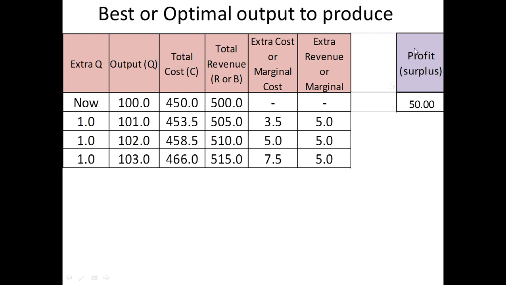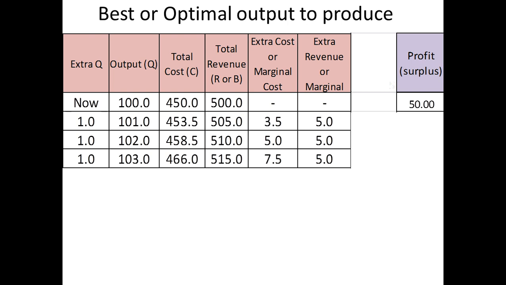If you want to find profit, how to find profit? Who knows how to find profit? If I produce 100 units, I get profit 50. It could be $50 or $50,000 or $50 million, it depends on the unit of money.